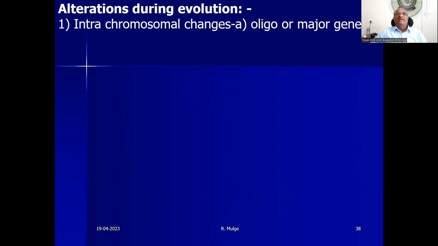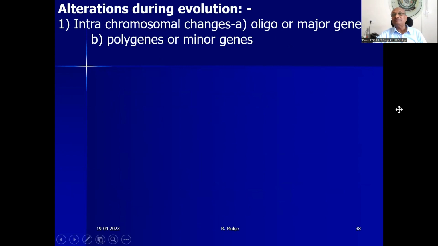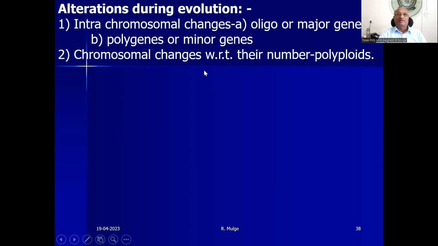During evolution, alterations can happen as intrachromosomal changes, oligo or major gene changes, or polygenes or minor gene changes. Intrachromosomal means within a chromosome. This means maybe one or two gene changes, or polygenic changes, or minor and major gene changes.